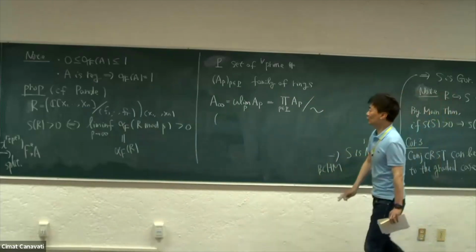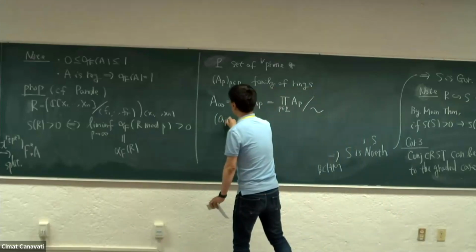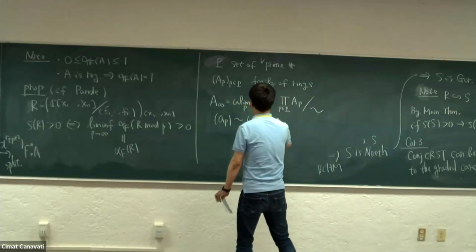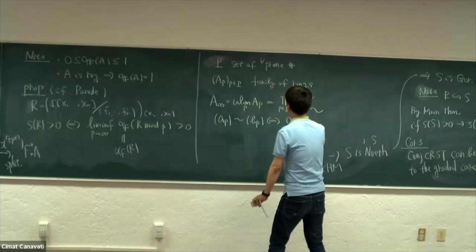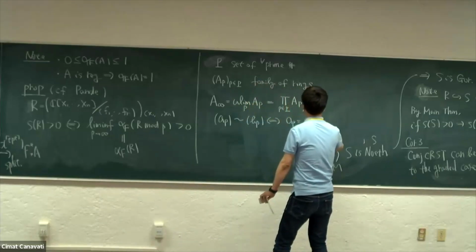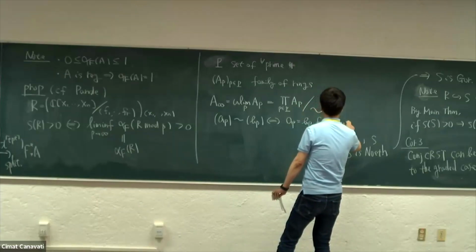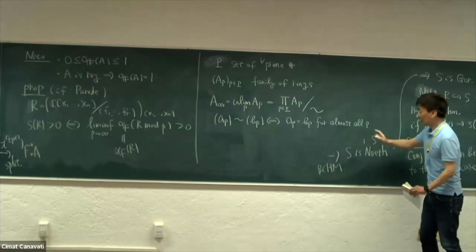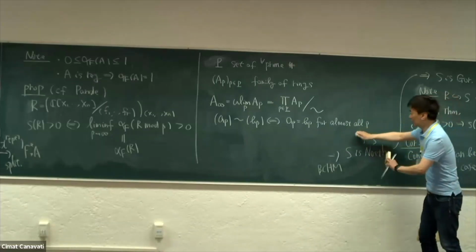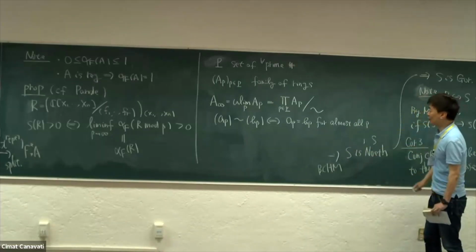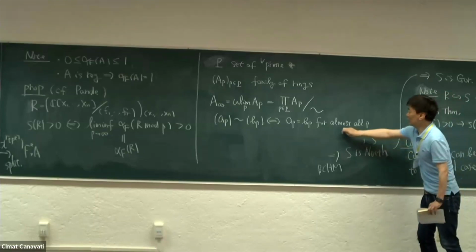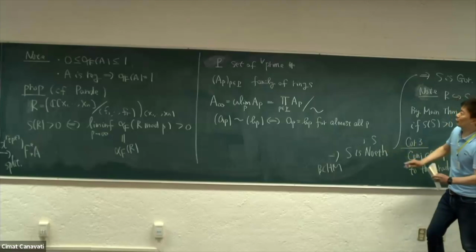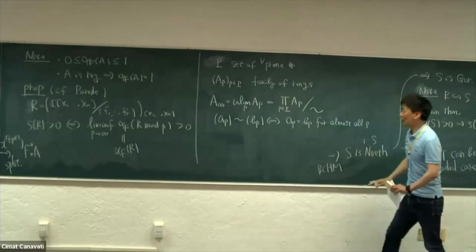Yeah, and so let me go on. So then, the sequence A_p is equivalent to B_p if and only if A_p is equal to B_p for almost all p. Here, I'm being a bit cheating, because in order to justify the meaning of almost all p, I have to introduce an ultrafilter on this set, but I don't want to do that.